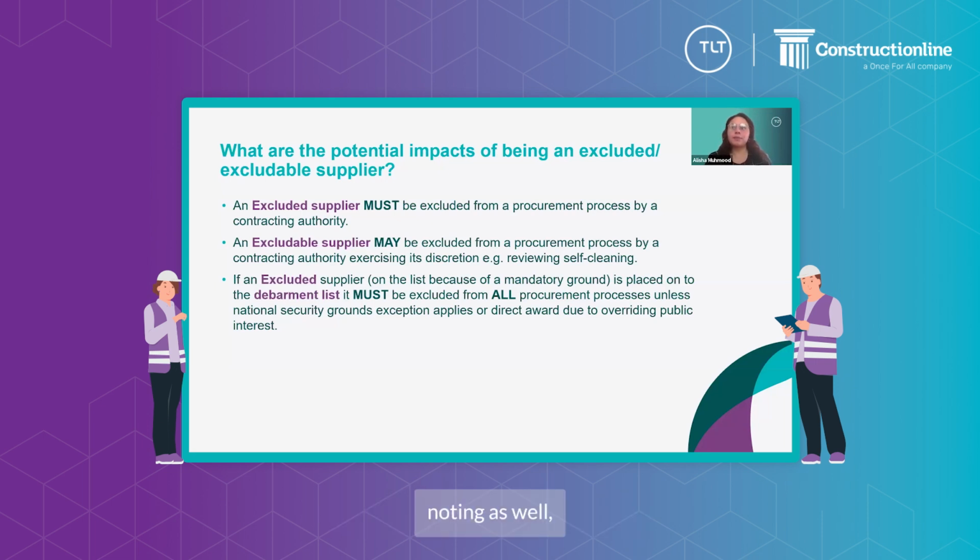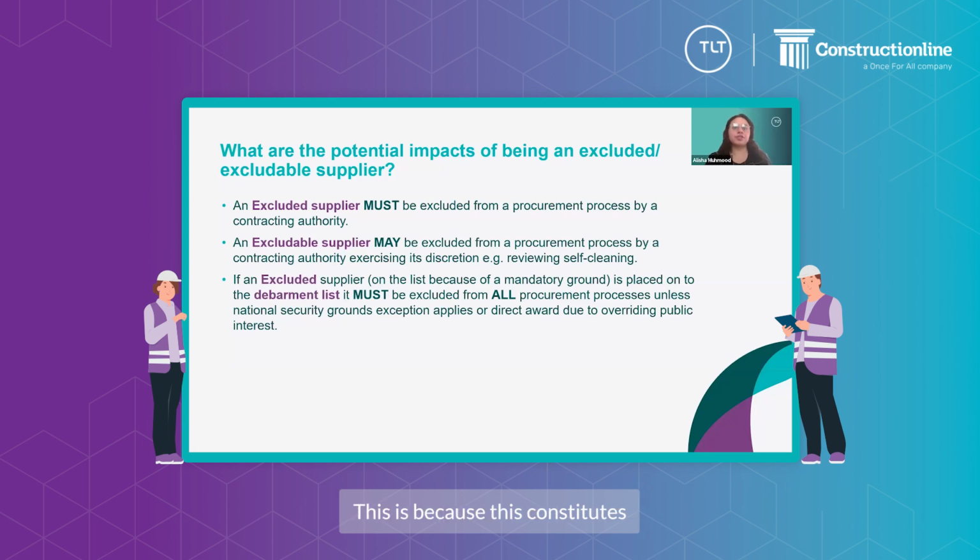It's also worth noting as well that there are some exceptions where authorities can enter into contracts with suppliers who are excluded suppliers. These are a number of different situations, but for our purposes, I just wanted to focus on the circumstances where an authority can award a contract by virtue of a direct award to an excluded supplier, where the procurement is essential for the construction or maintenance of critical national infrastructure.